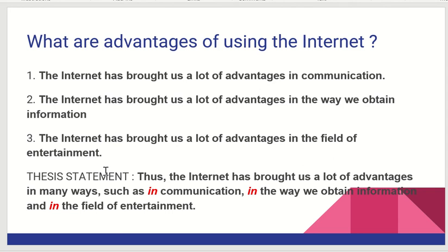The second one, the internet has brought us a lot of advantages in the way we obtain information. So that is the controlling idea for the second body paragraph. Third one, we are going to talk about how the internet has brought us a lot of advantages in the field of entertainment. So your thesis statement is going to be like this.